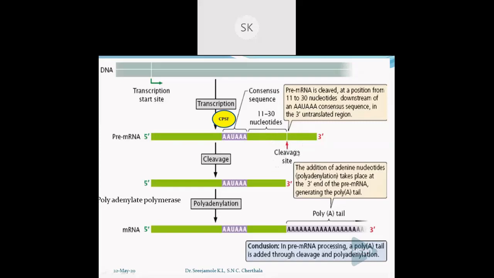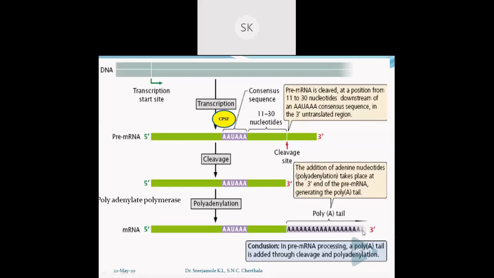To this site, CPSF, or cleavage and polyadenylation specificity factor, binds, and after binding, it cleaves off that portion of the mRNA, leaving the 3' end. After that, the polyadenylate polymerase enzyme adds a stretch of adenine residues to the 3' end, forming a polyadenylate chain.